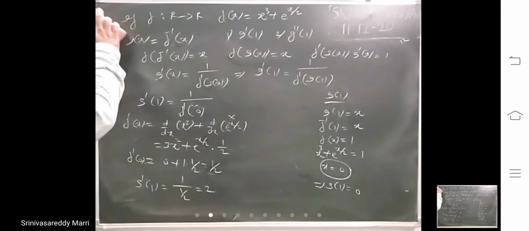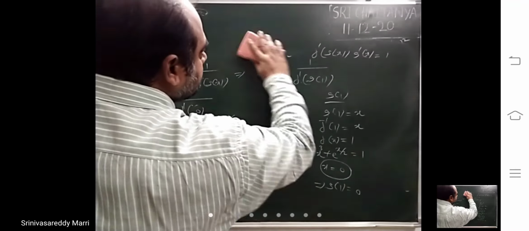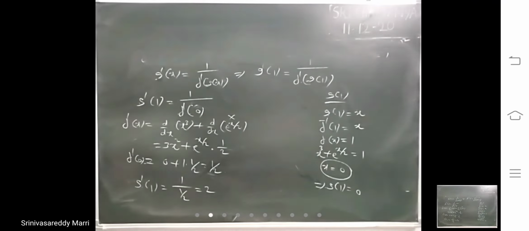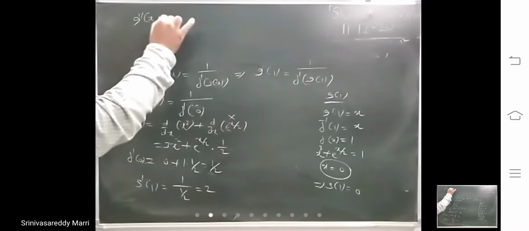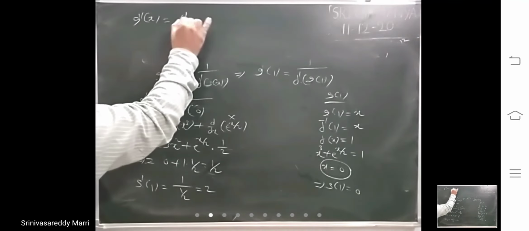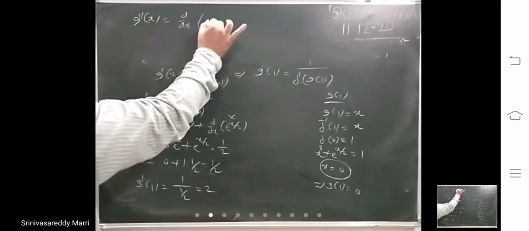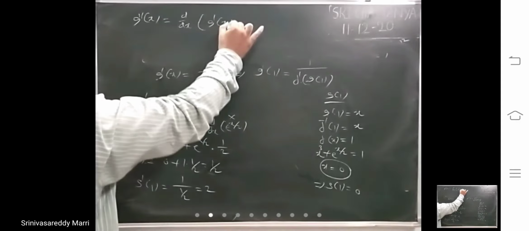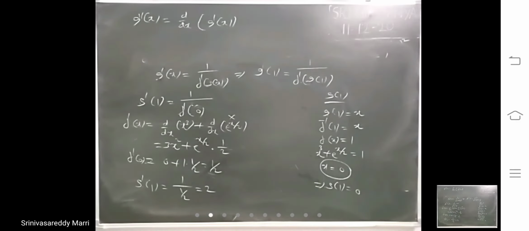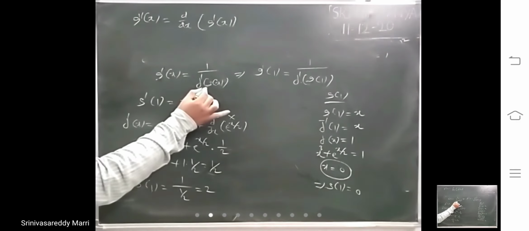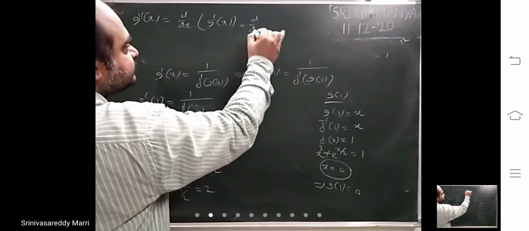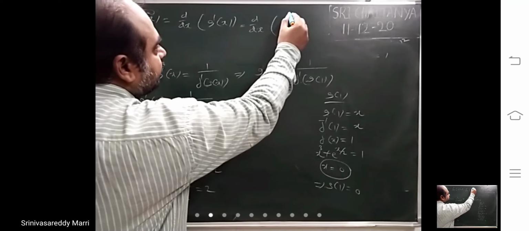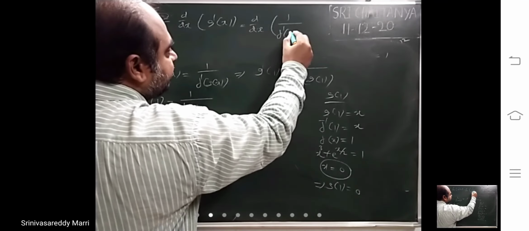Look at. So g double dash x means first I want to find g double dash x. That means d by dx of g dash x. G dash x you already got. G dash x is this. That means, observe carefully, 1 by f dash of g of x.